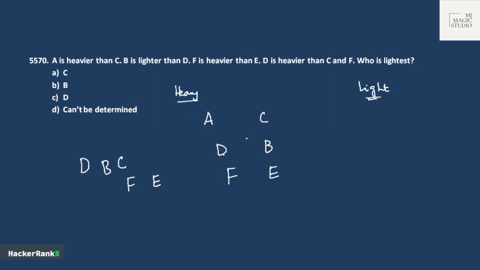D is heavier than C and F. D can be in front of A also. D can be the heaviest. Then A will go. Definitely A is not the lightest. Fine. F is not the lightest. So out of these three people, anyone can be the lightest. We cannot determine. Can't be determined with the information given.